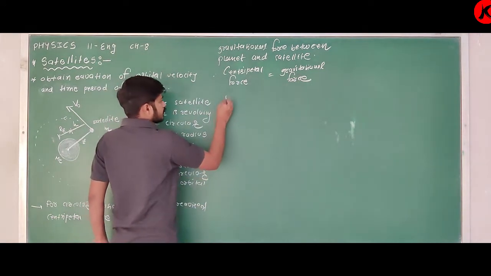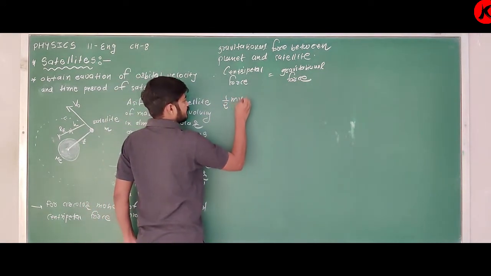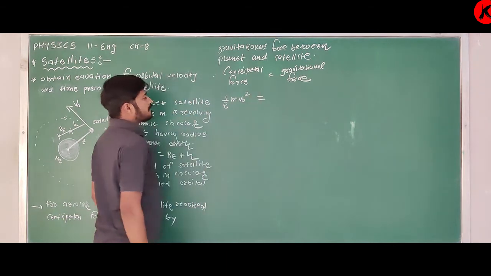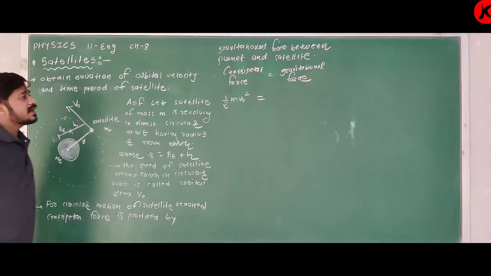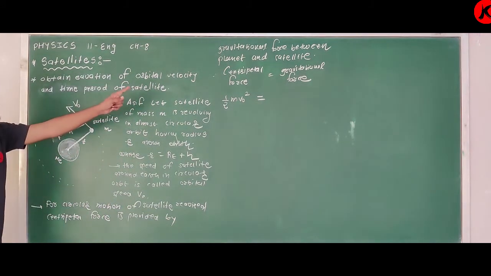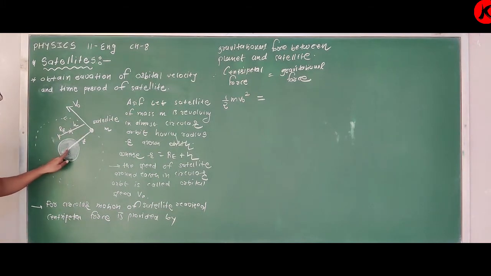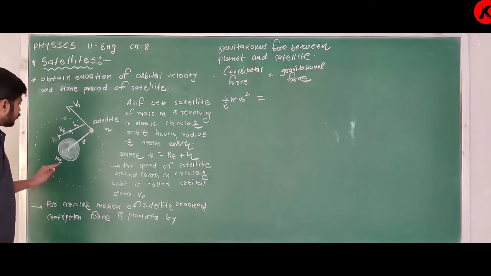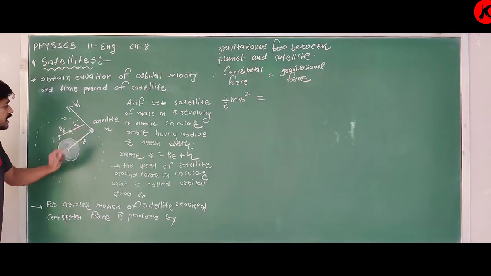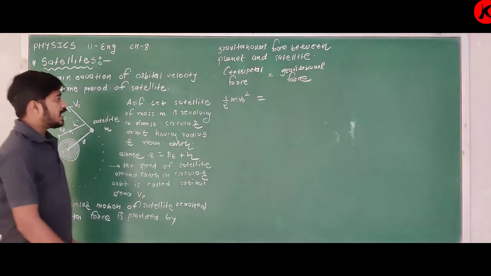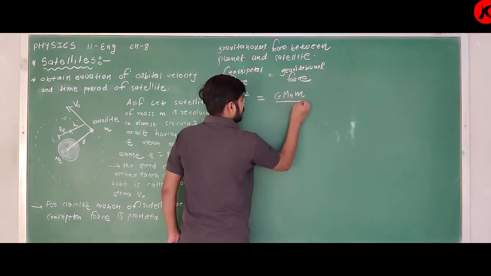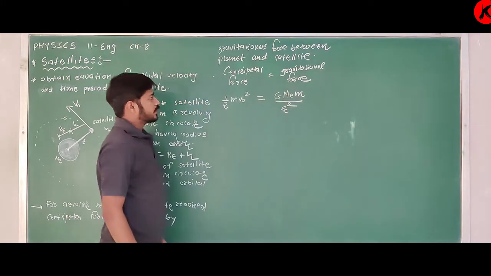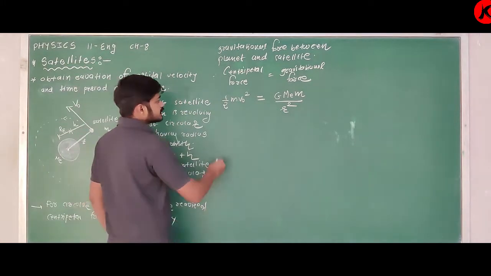Centripetal force equation is m v0 square upon r. The satellite of mass m is moving with speed v0. For the gravitational force between planet and satellite, that is between Earth and satellite, the mass of Earth is M, the mass of satellite is m, and the distance between them is r. So I can write G M m upon r square. Clear? So this m cuts.